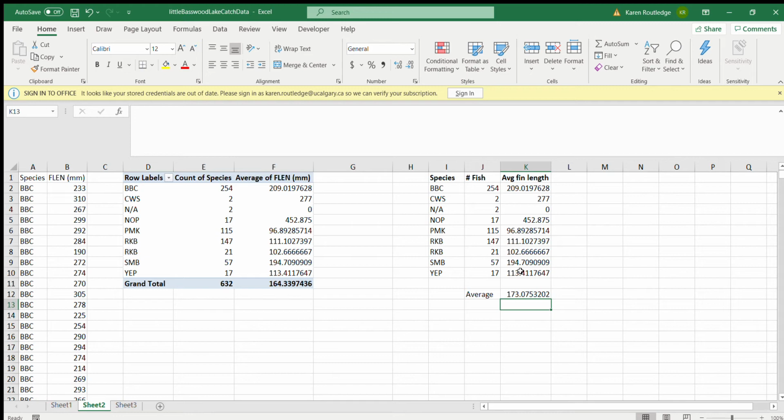Now, all arithmetic means are weighted means. They all have weights. So the question isn't, does it have a weight or not? The question is, are the weights equal for each data point, or can the weights differ between data points?